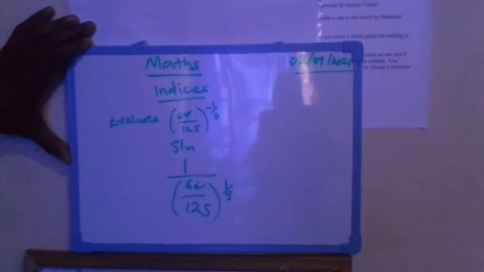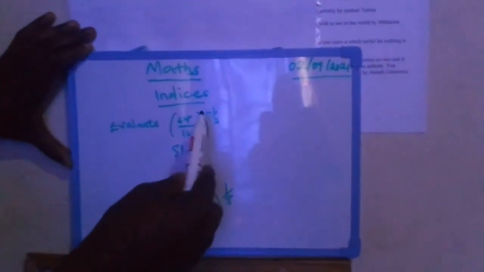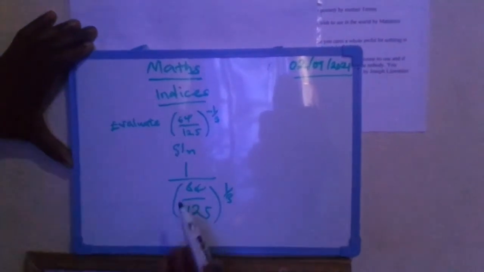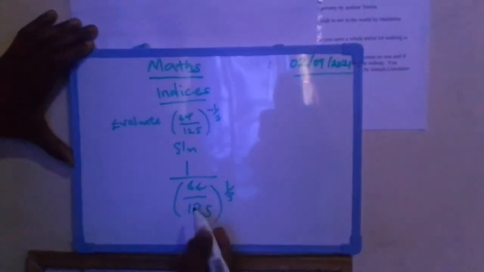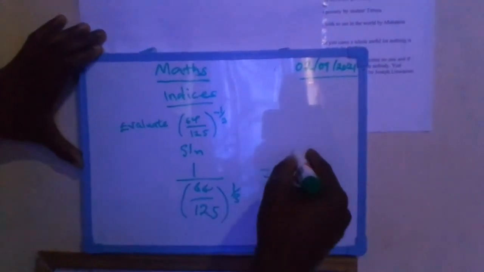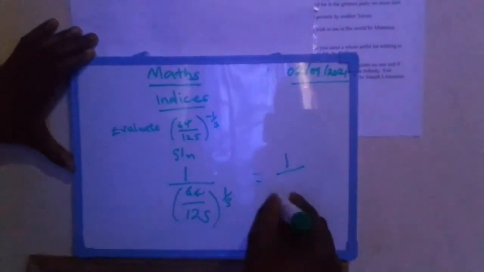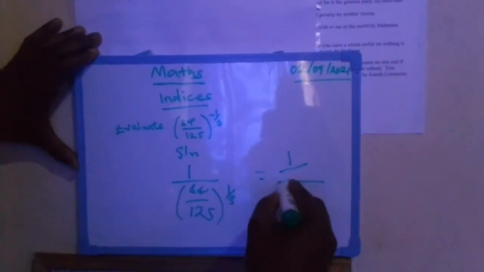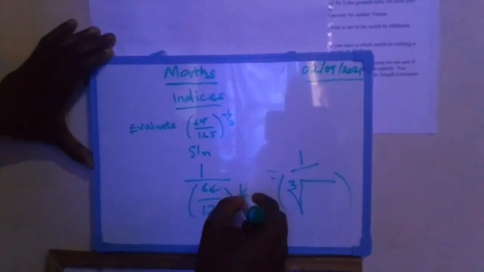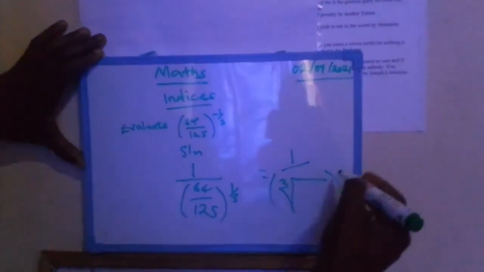Why do we do this? Because when you introduce this 1 over, it means that the power will carry a positive sign. So when we reach this stage, we have 64 over 125. Then you continue: 1 over, and you introduce a cube root. The denominator 3 becomes the cube root, and the numerator 1 becomes the power.